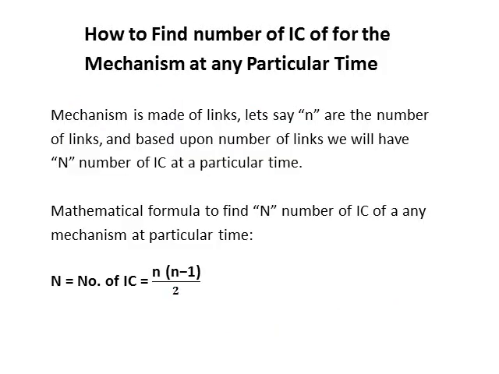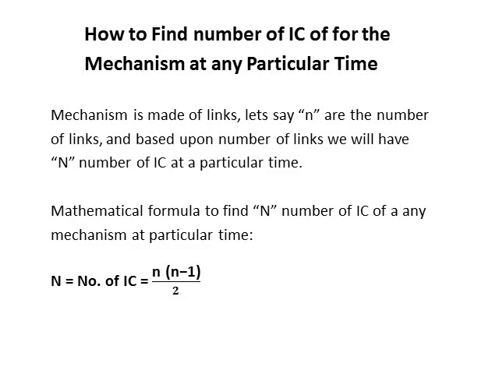In the previous slides, we only focused on a single link with its instantaneous center at a particular time, but now we are dealing with the mechanism. A mechanism is composed of many links and joints. If the links are in motion, then each link will have its own instantaneous center at a particular time or instant, for example time 1 second.